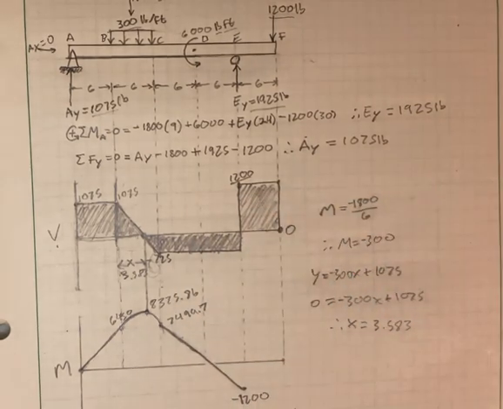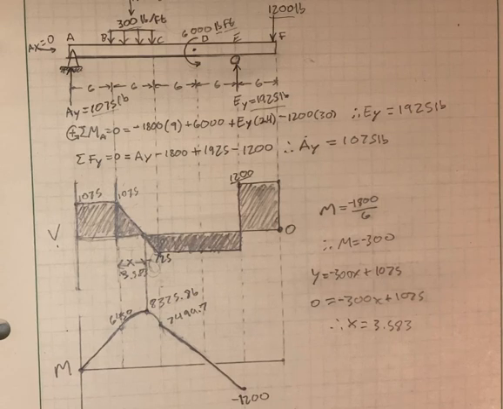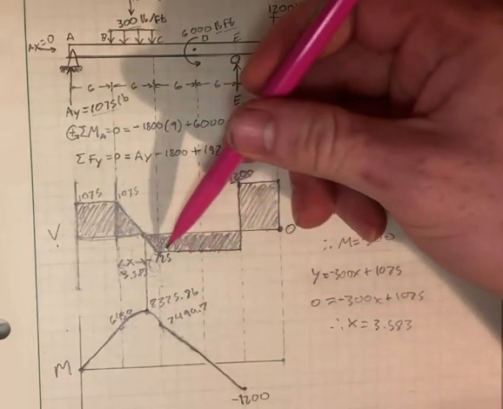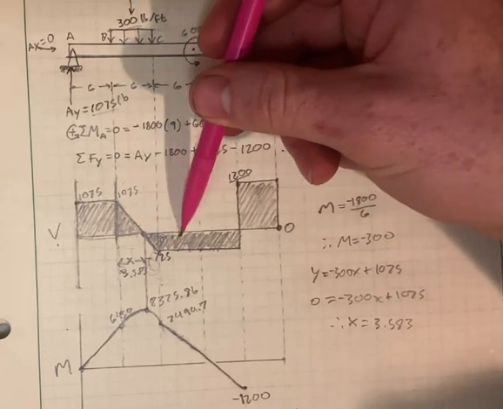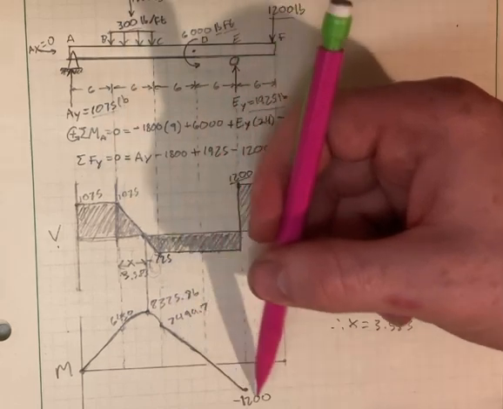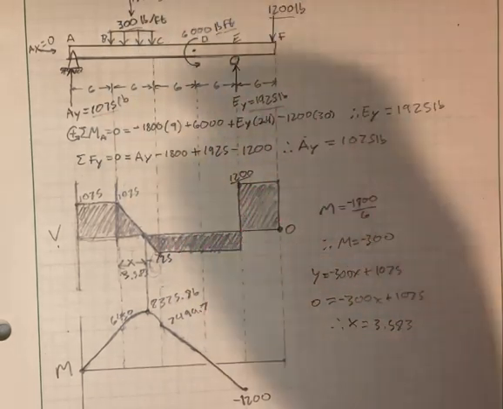Because, what do we got here? Oh, you know what? What did I miss? I'm doing a moment diagram here, and I'm so focused on this shear diagram. I'm following the diagram, right? So I'm thinking, okay, it's going to go down constantly, but what did I miss?